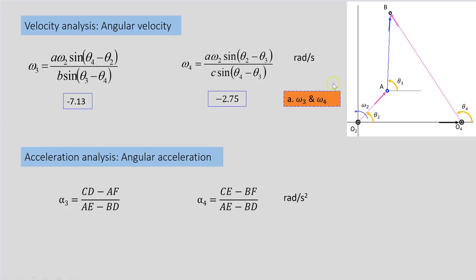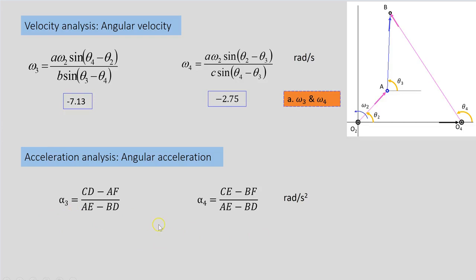So this is our first part of our answer, where you're asked to find angular velocities of coupler and input link. Regarding calculating angular acceleration, once again you will be given these two equations.